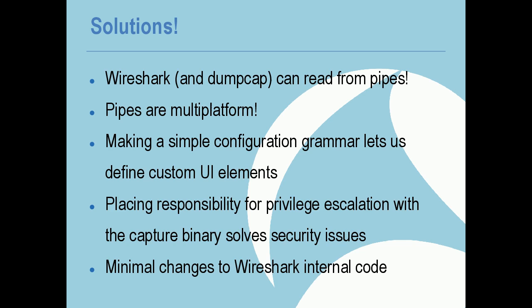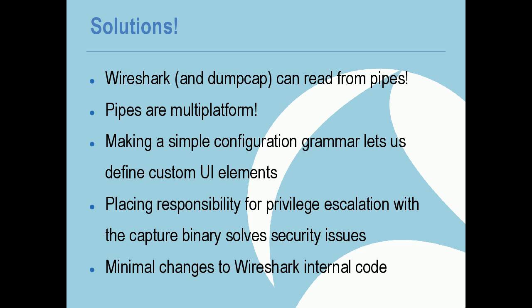So we created a simple configuration grammar that lets you define custom UI elements, things like a checkbox or maybe a frequency selection dialog box. That all comes out of this configuration grammar that's purely text-based, so any typical developer should be able to handle it.